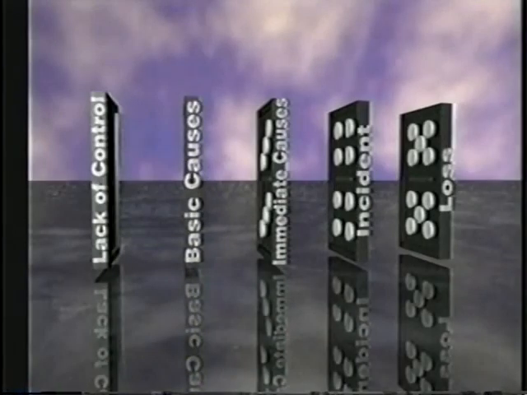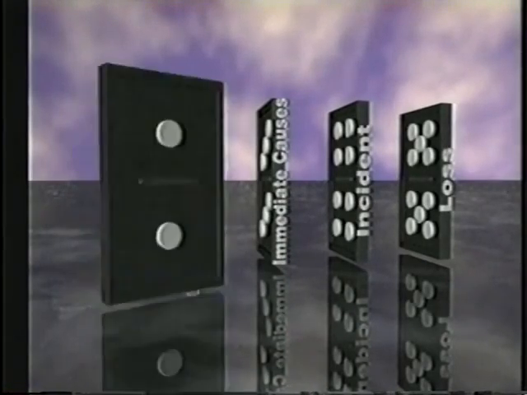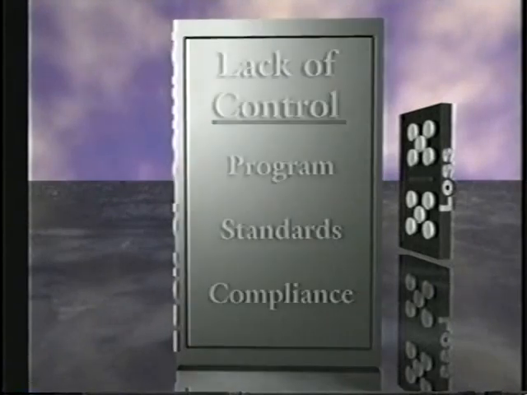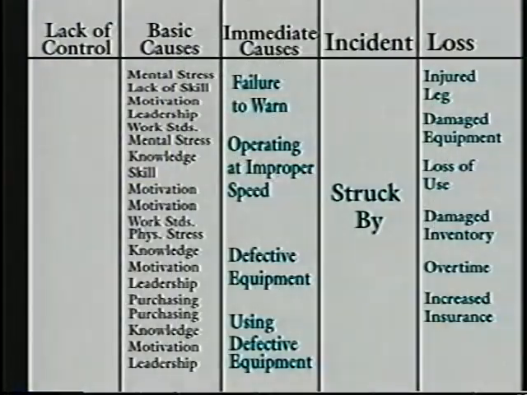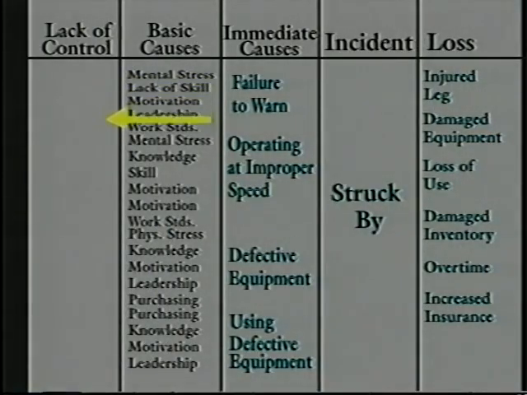The last section of the loss causation model reminds us to take the analysis process one step further. The next level manager should examine the company's overall loss control program, its program standards, and its level of compliance with those standards to determine the underlying reasons why the basic causes exist. This helps to bridge the gap between basic causes and an exploration of the program activities which might have prevented them.